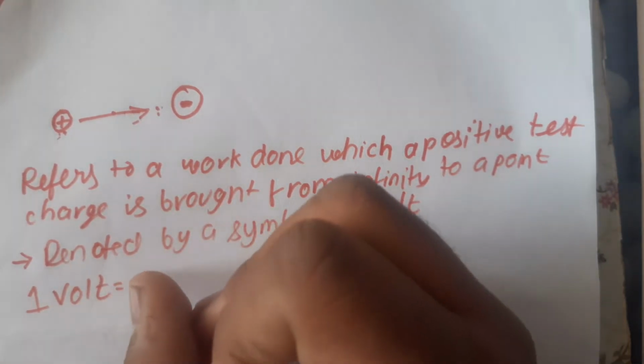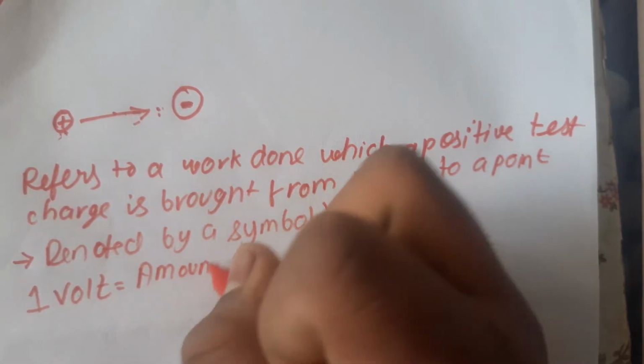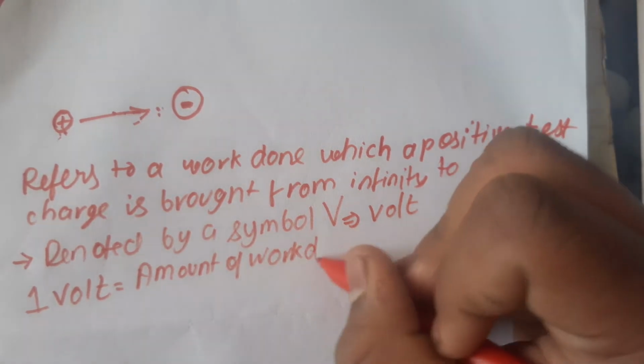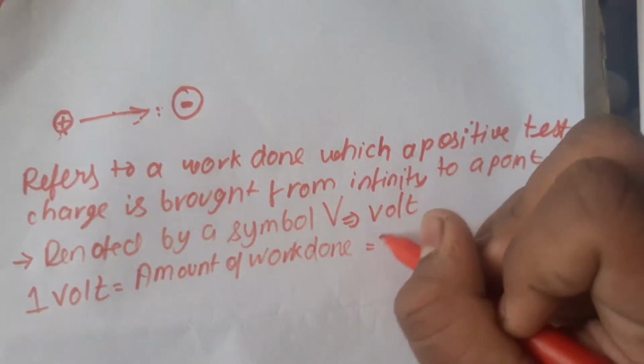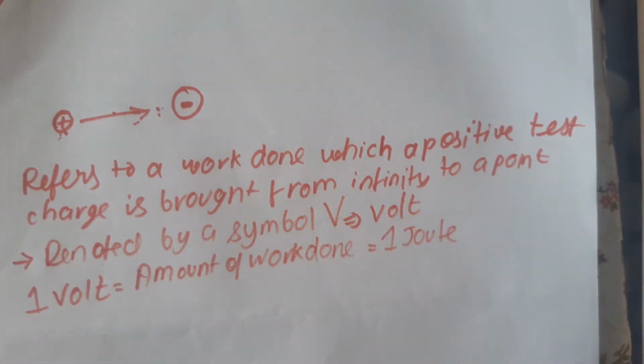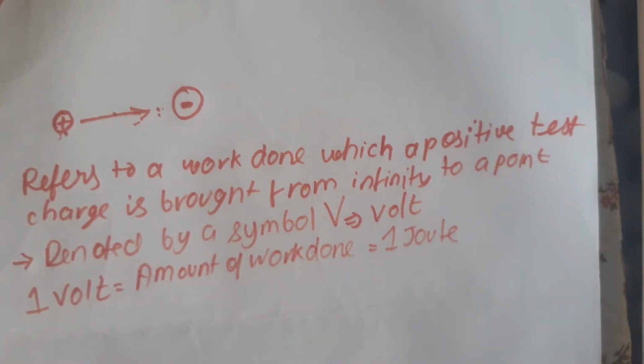1 volt means the amount of work done is 1 joule. Now what is a joule? Joule is the SI unit for work done, wherein if you put a certain amount of work into doing a particular task, then the amount of work you have invested is called 1 joule.